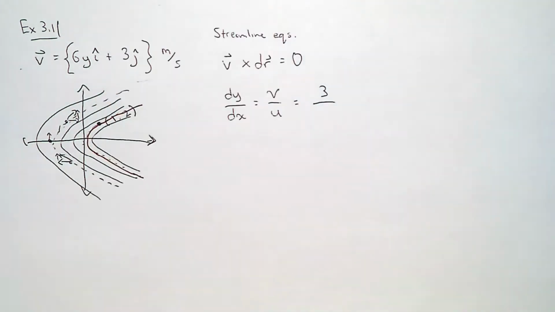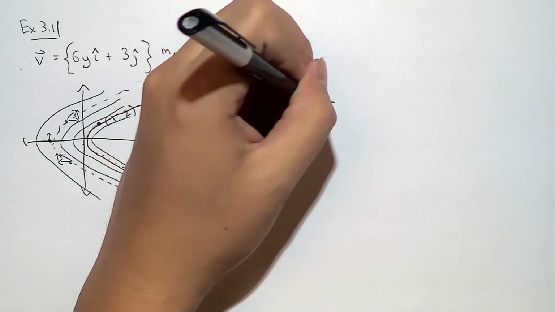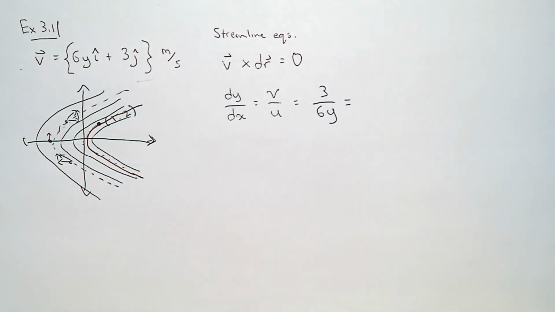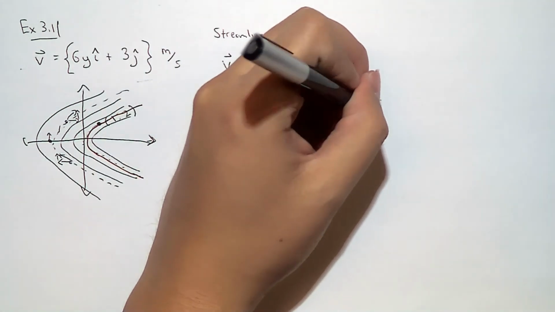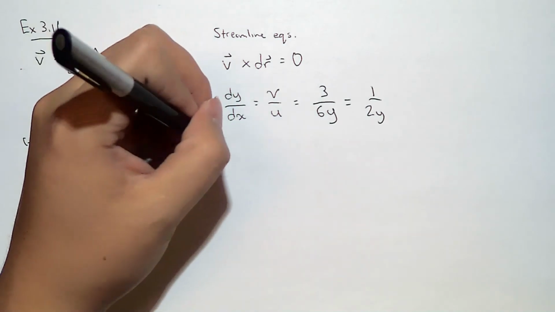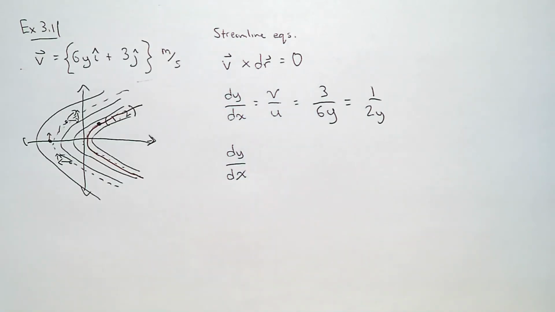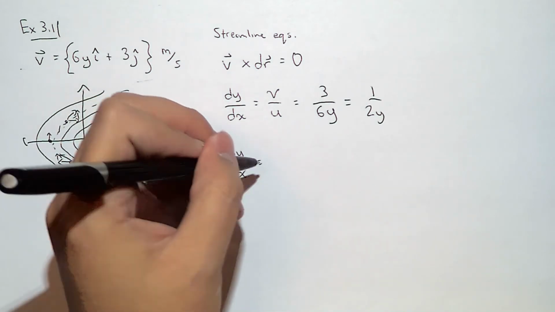Following that logic, what's u? 6y, that's correct. We can simplify this a little bit. What's 3 over 6? That's 1 over 2, right? So I get 1 over 2y. And essentially what this leaves me with is a differential equation of the form dy over dx equals 1 over 2y.